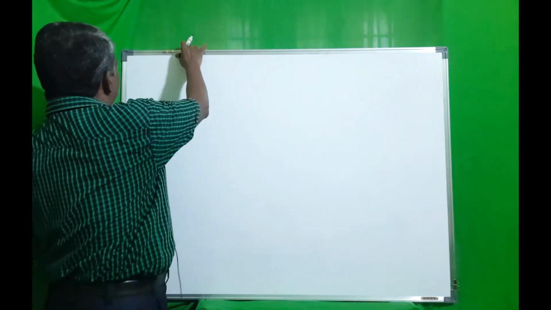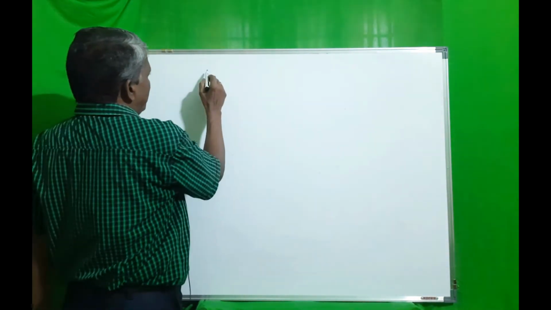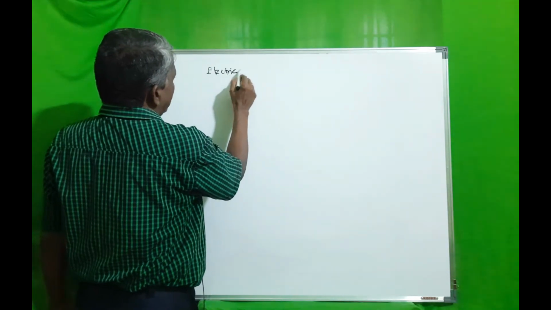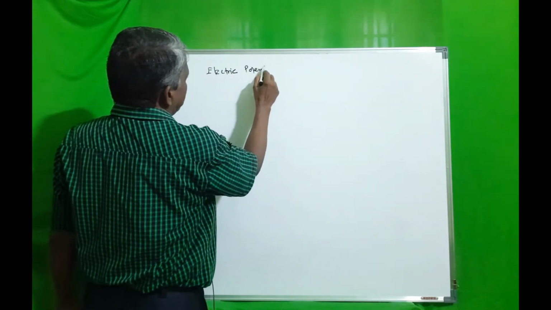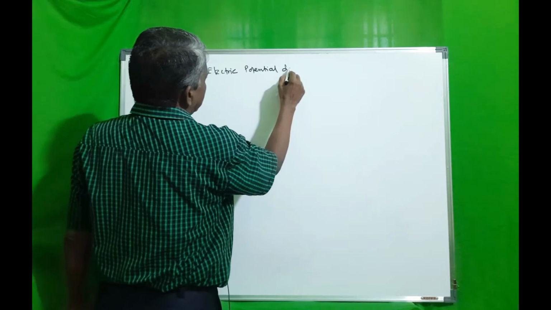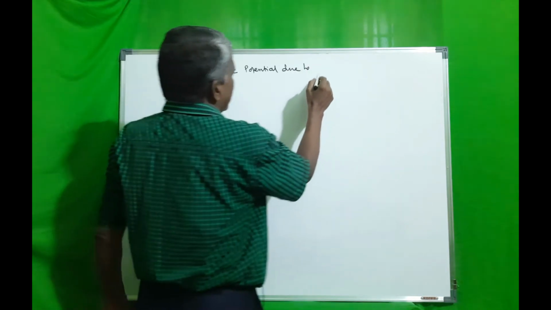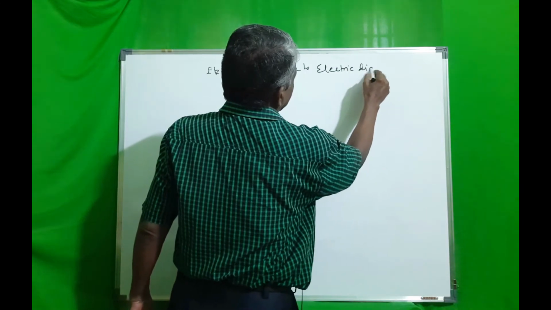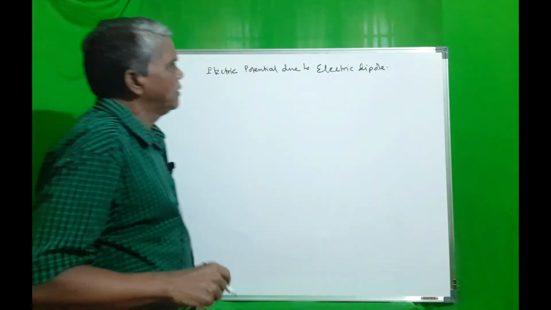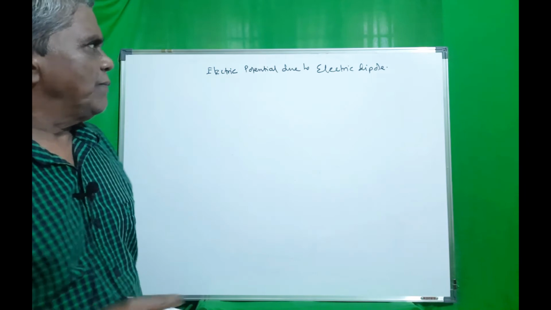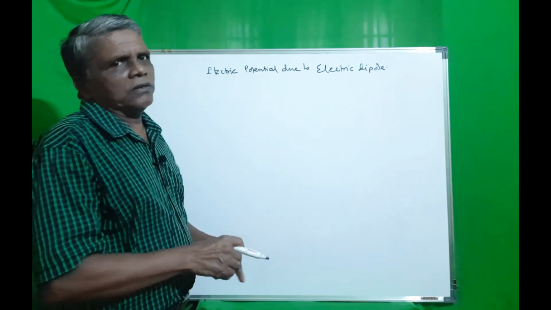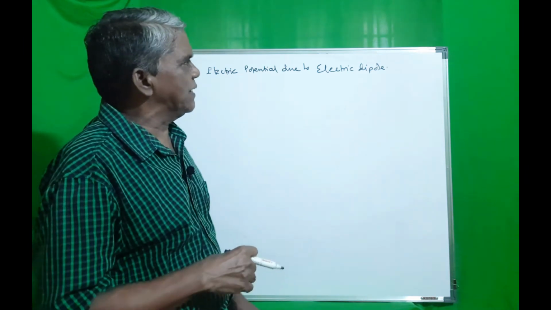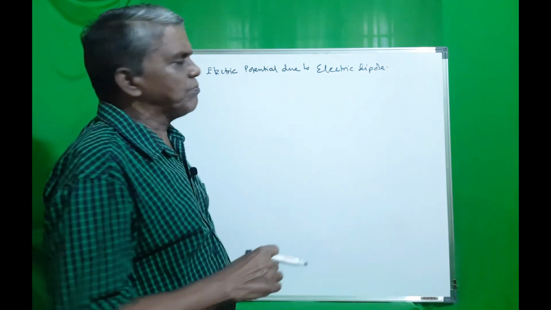Now we will discuss electric potential due to a dipole. We have discussed what a dipole is: two charges same in magnitude, one positive, another negative, separated by a small distance.